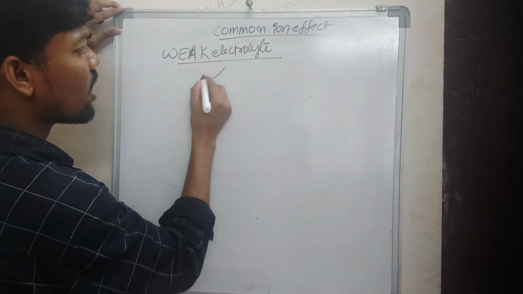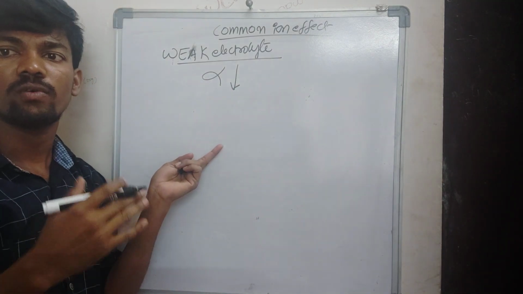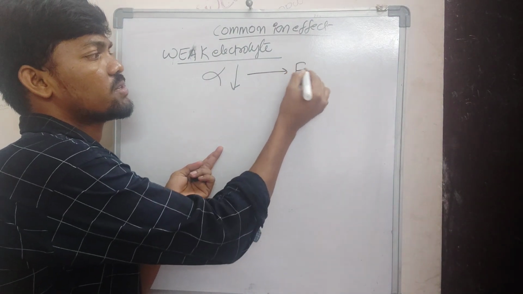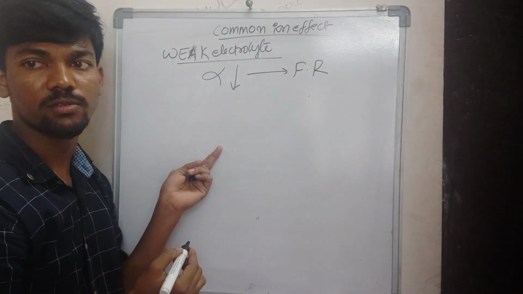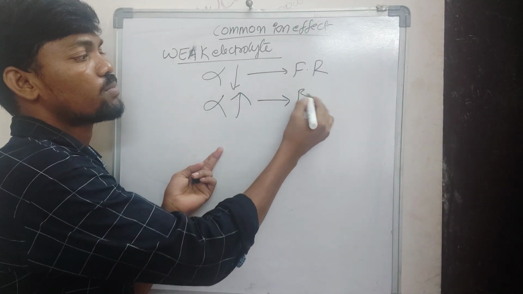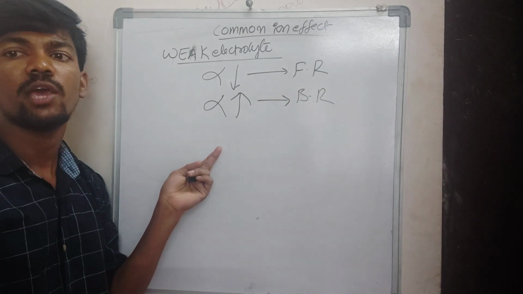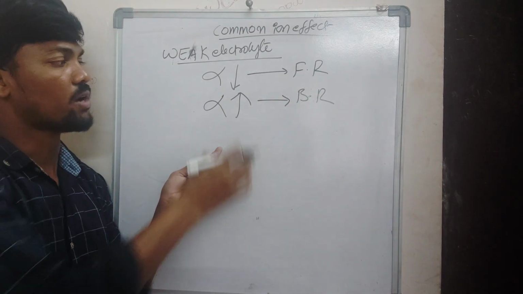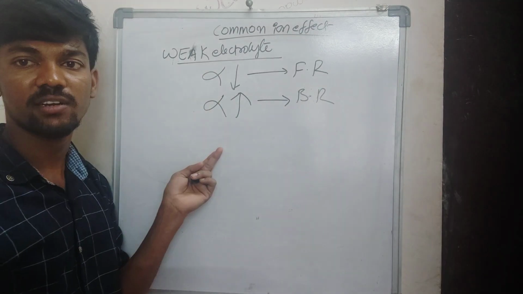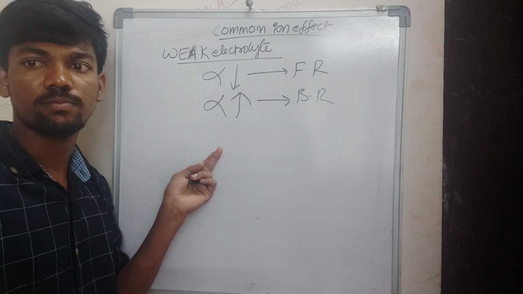What happens if alpha decreases? The forward reaction takes place. If alpha increases, the backward reaction takes place. Understand? If alpha decreases, the forward reaction takes place; if alpha increases, the backward reaction takes place. You have to remember this one. I will tell you later. Okay, next one.